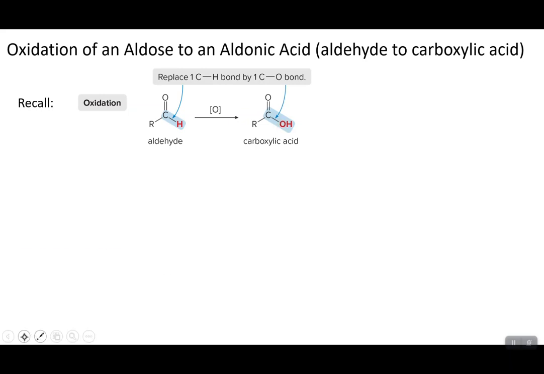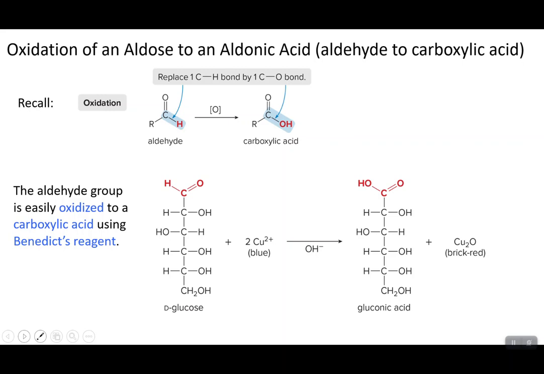Let's look at how this would work in the context of a carbohydrate. Here I have glucose, which is an aldose. It has that aldehyde group up here. In the presence of an oxidizing agent, which in the context of carbohydrates is often Benedict's reagent, we have a clear signal. Anytime you see Benedict's reagent, you know that it is an oxidizing agent, and it's shown by these copper species here. So we have glucose, an aldehyde group, and an oxidizing agent.